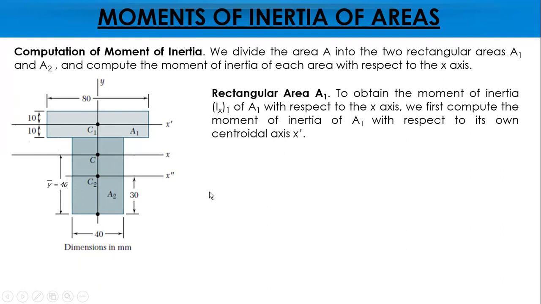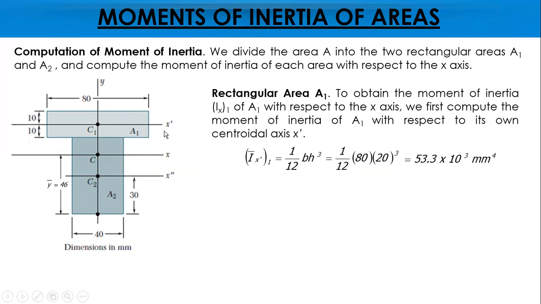So let's first consider element 1. For element 1, the centroidal moment of inertia is this one: 1 over 12 BH cubed, 1 over 12 times 80 times 20 cubed. Okay.